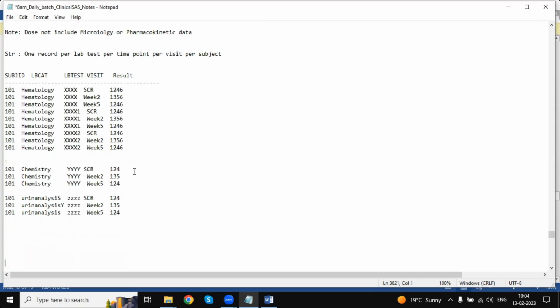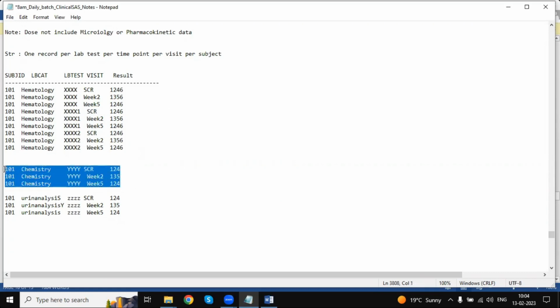Clear? So under one hematology category, you have three tests. XX test is different, X1 test is different, X2 test is different. And the same XX test we'll do at the time of screening, week 2, week 5. The X1 test also will be done at screening, week 2, week 5. X2 also at screening, week 2, week 5.